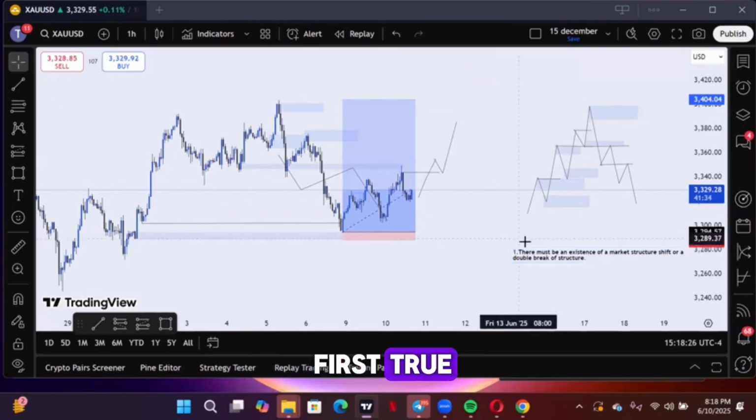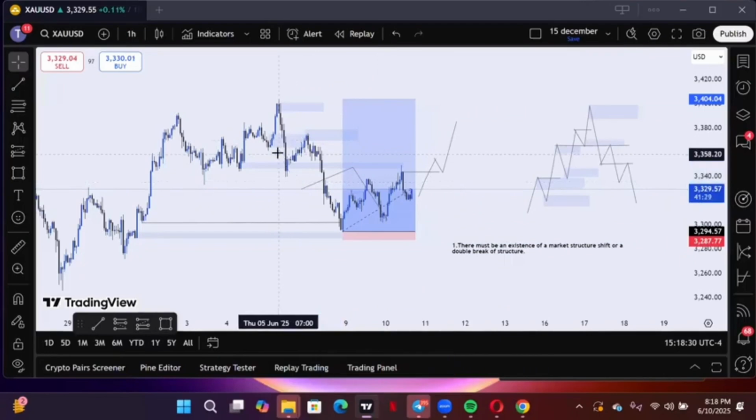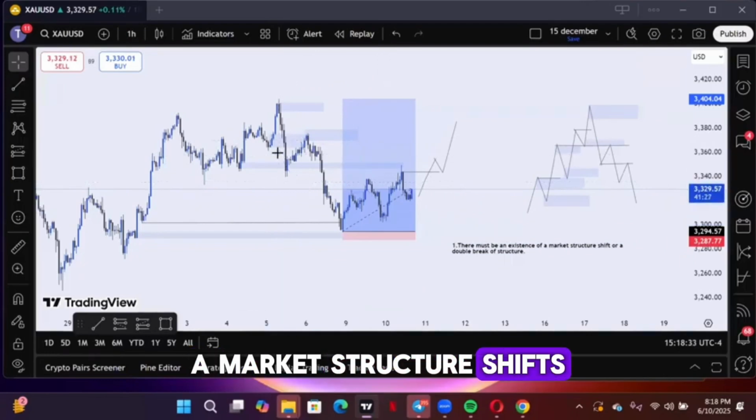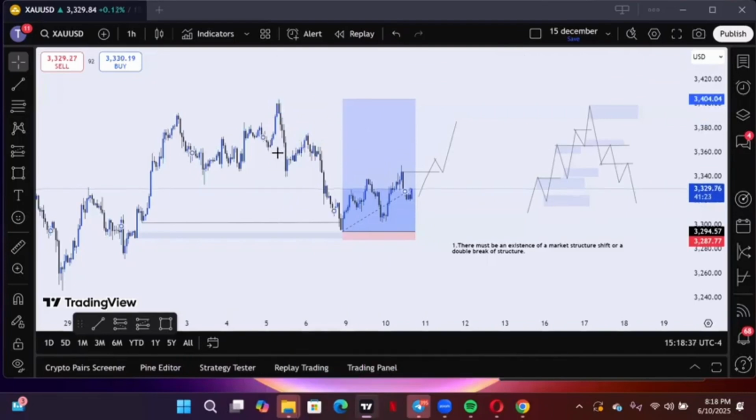So that is the first rule. It means that before you can start looking for anything, you have to make sure that you see a market structure shift or a double break of structure. Only when you see that happen can you move on to the next part of looking for your POI.